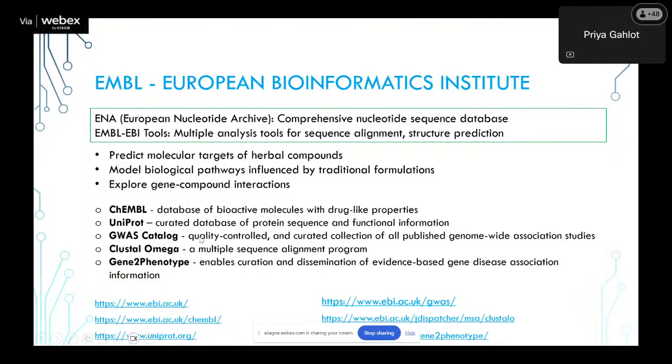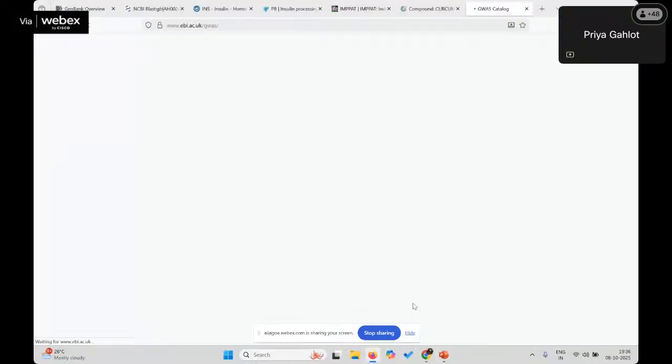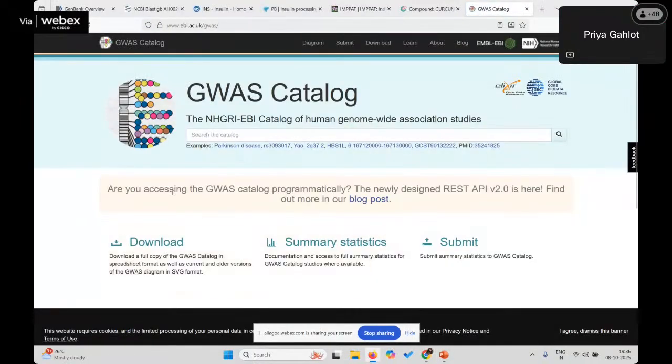Then there is the GWAS catalog. It is a curated collection of all the published genome-wide association studies. GWAS is the short form of genome-wide association studies. So here you can search using any PMID or any particular disease.